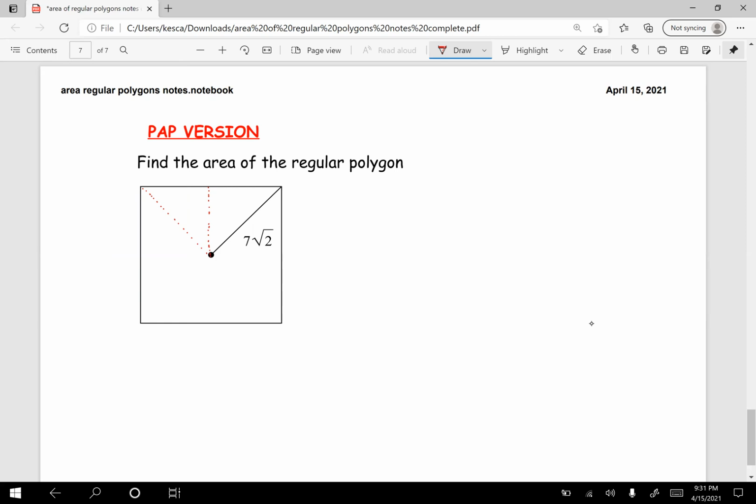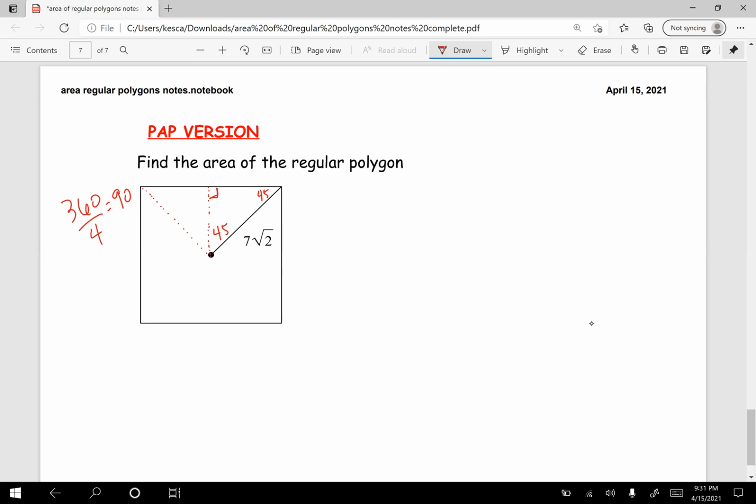Okay, so this is a square because it's a regular polygon. So if you do 360 divided by 4, that means each of your central angles is 90, right? So then this is a 90-degree angle here, and if we cut it in half, that means this is a 45-degree angle, and this is 90 here, which means this is also 45.